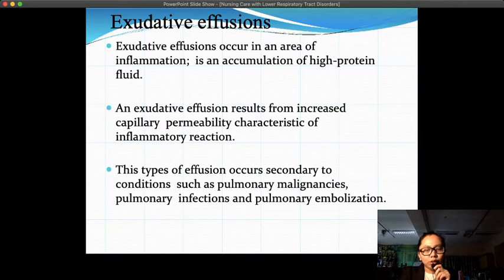So exudative effusions occur in an area of inflammation in an accumulation of high protein fluid. An exudative effusion results from increased capillary permeability characteristic of inflammatory reaction. This type of effusion occurs secondary to conditions such as pulmonary malignancies, pulmonary infections, and pulmonary embolization.